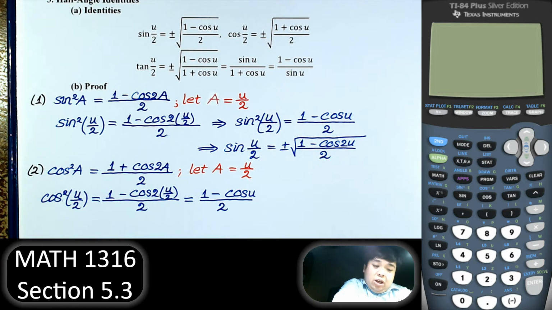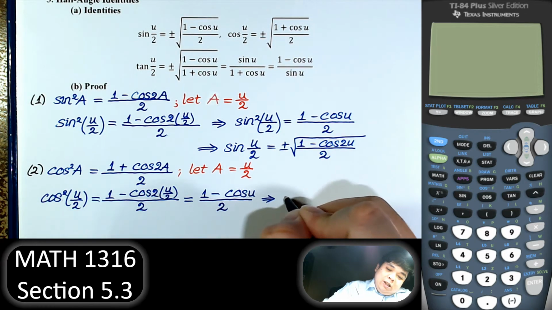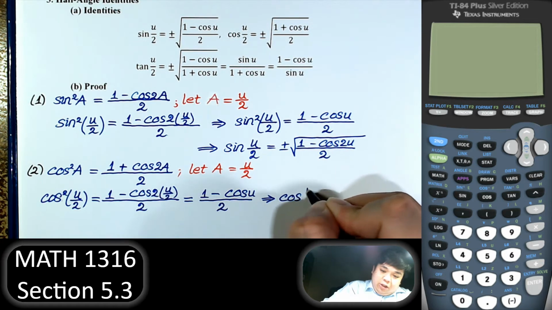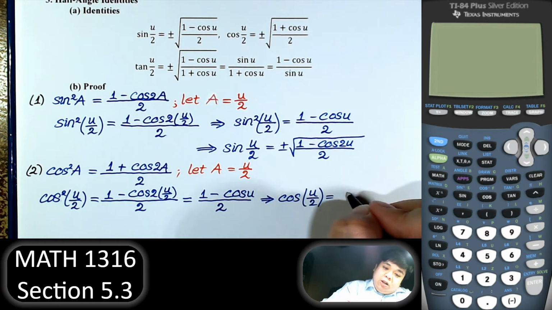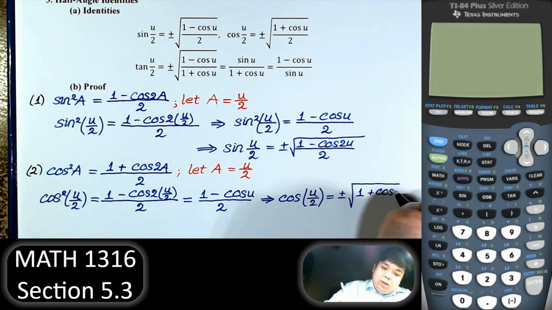And from here we just take the square root on both sides. So cosine of u over 2 is equal to plus or minus the square root of 1 plus cosine of u, sorry, over 2. Right.